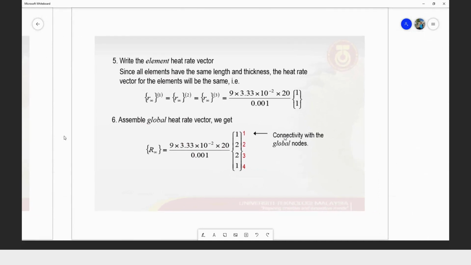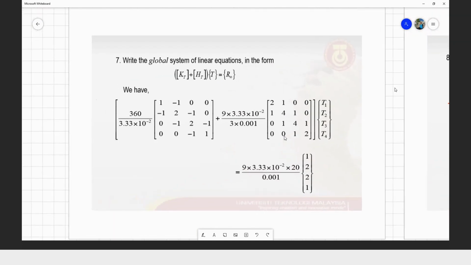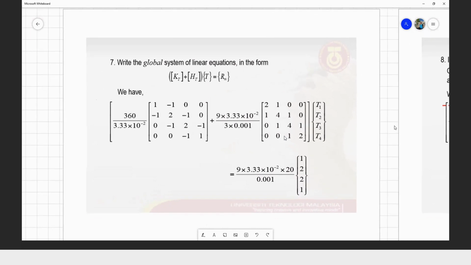Then you prepare the element heat rate vector R, using the supplied equations. Apply to each of the local elements, then assemble it as well. Then you rearrange the equation in the form of a system of linear equations, K plus H multiplied by T equals R. You will get the system of equations as shown in this slide.